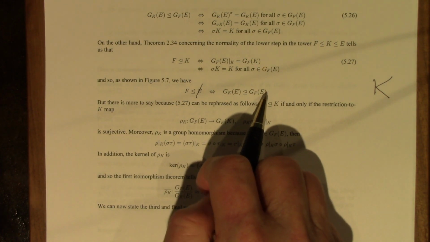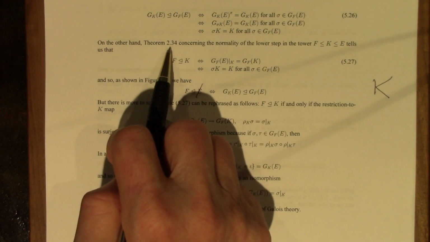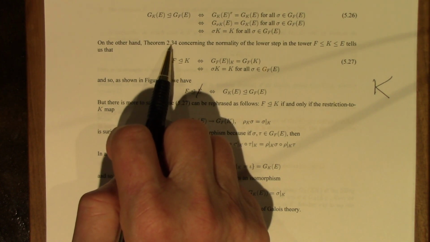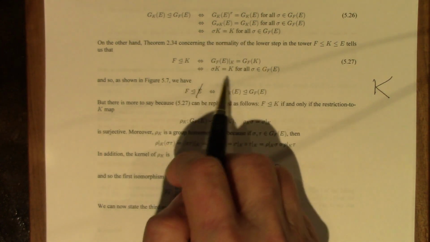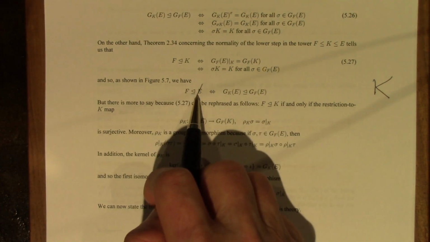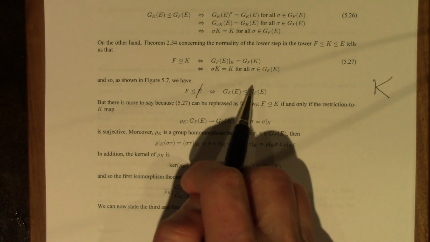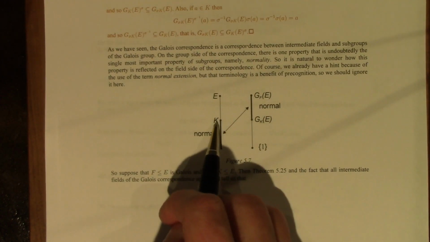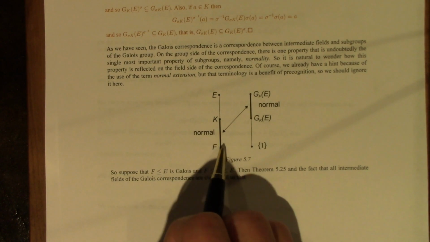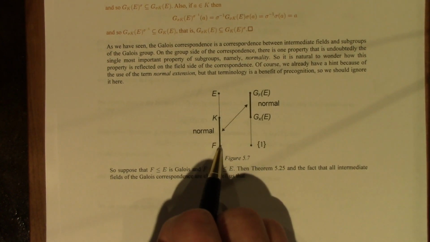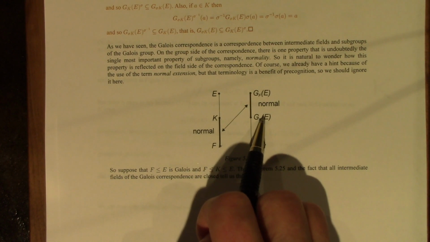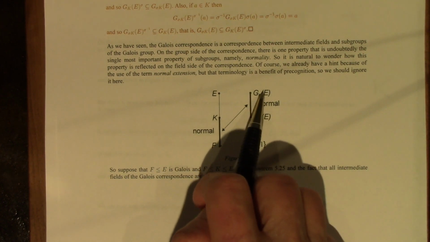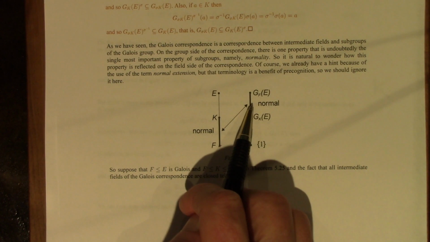So we've done the heavy lifting. We did it way back in chapter 2, and also we just did a little bit when we took the conjugate of a Galois subgroup, just piecing everything together, and we have a result that we really would desire. And it looks like this. So the picture, this extension, this lower step here is normal if and only if G(K/E) is a normal subgroup of G(F/E). Okay?